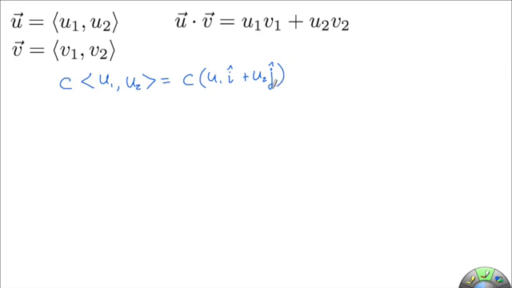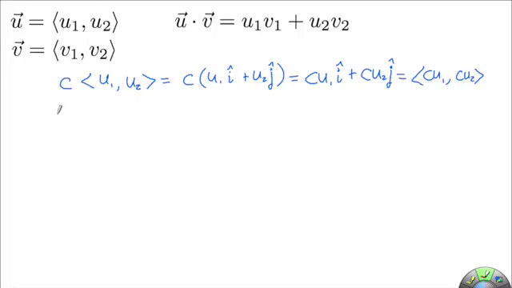And that way, what we have here is an algebraic expression with a constant sitting out front. And now the distributive property can kick in. So we're going to get c times the first one plus c times the second one. Distributive property of real numbers. But then we can rewrite this as a component as cu1 comma cu2. So therefore, I have just proved that the distributive property works over component vectors.